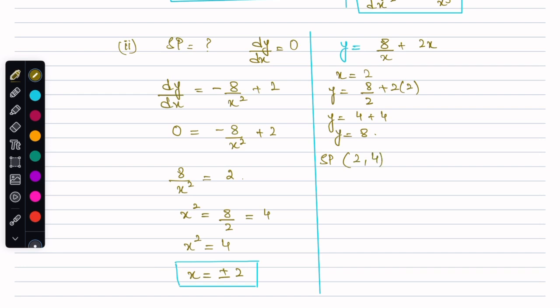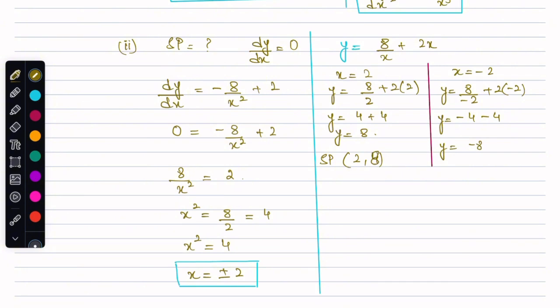For the second one, I can substitute x as -2, and in this case y is equal to 8 divided by -2 plus 2 times -2, so y is equal to -4 and -4, and in this case our y is -8.